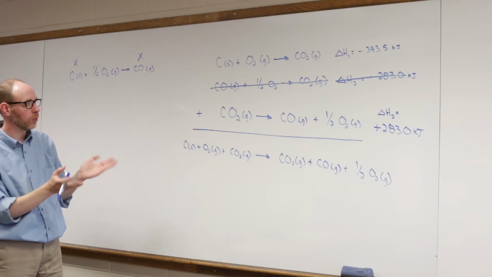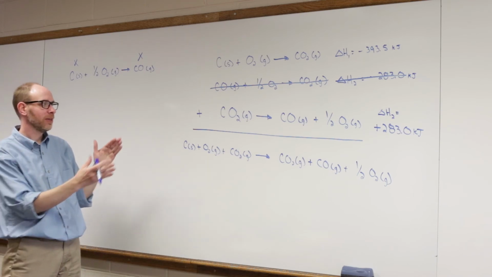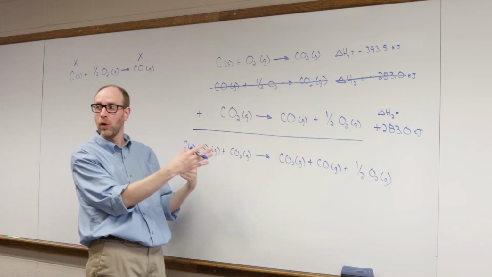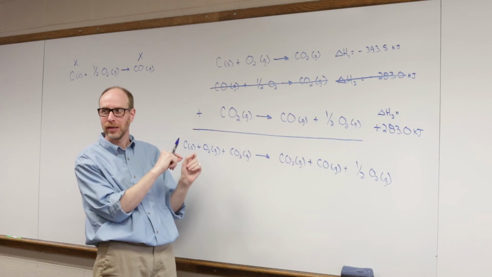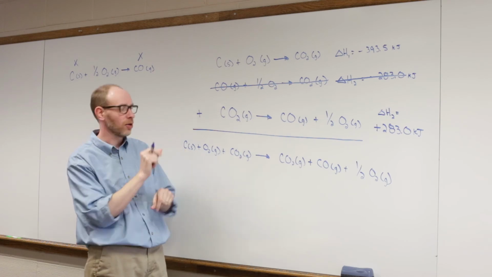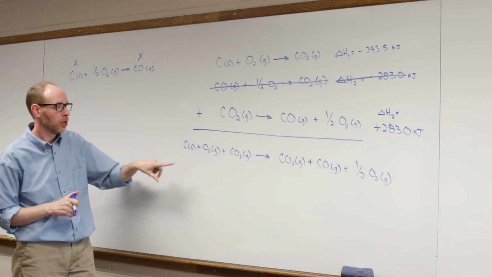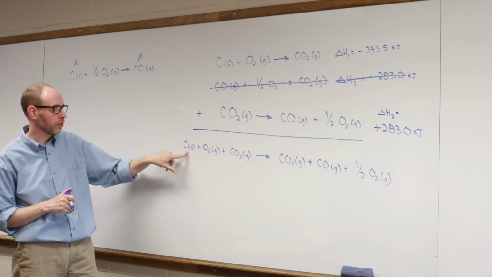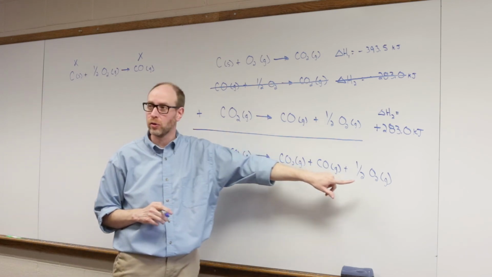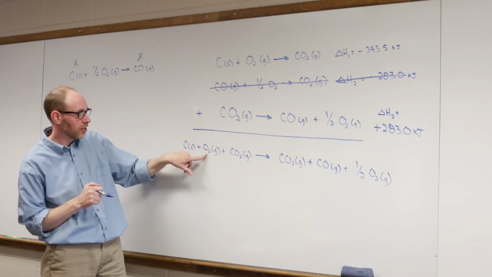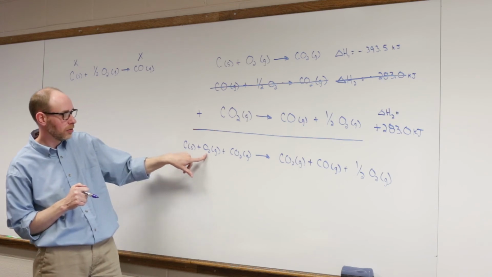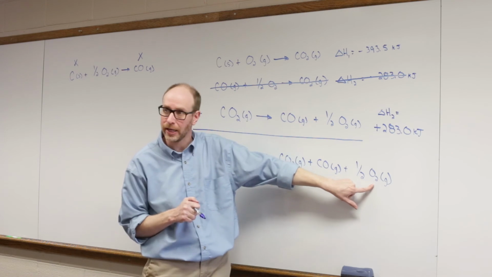Now what we can do is look to see if there's anything that's exactly the same on both sides of the reaction arrow. So I've got carbon as a solid here on the left, and I don't have it on the right. So I can't do anything with it. I have oxygen here as a gas, and I have oxygen here as a gas.